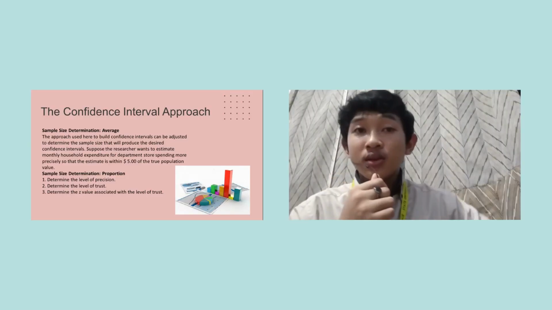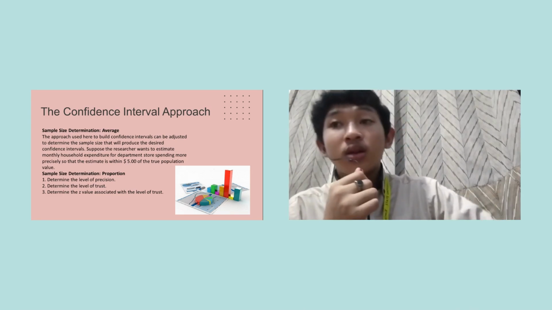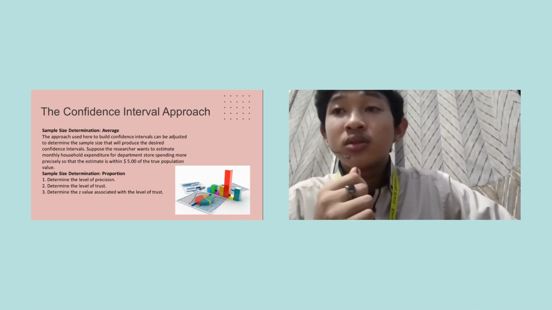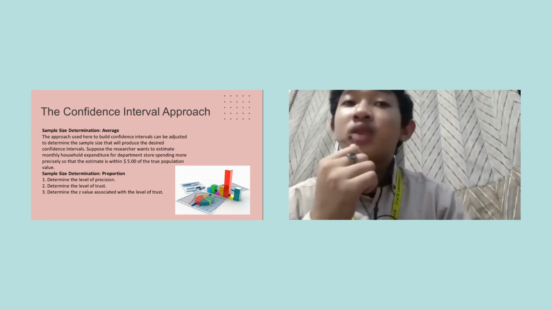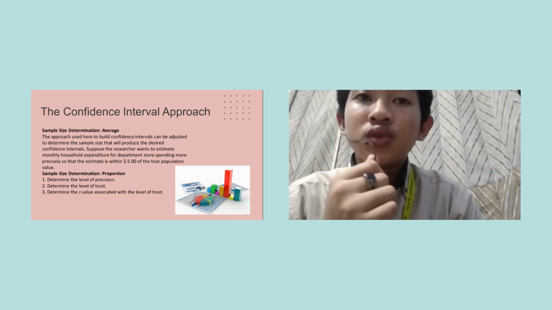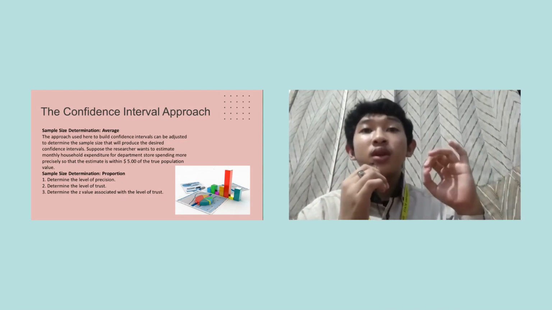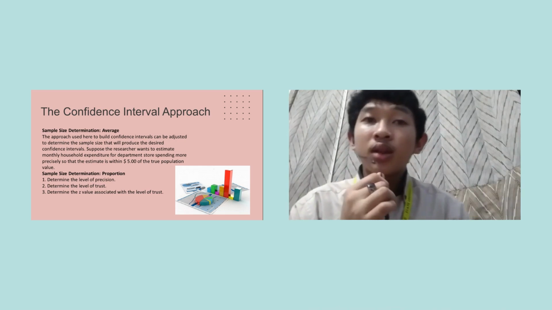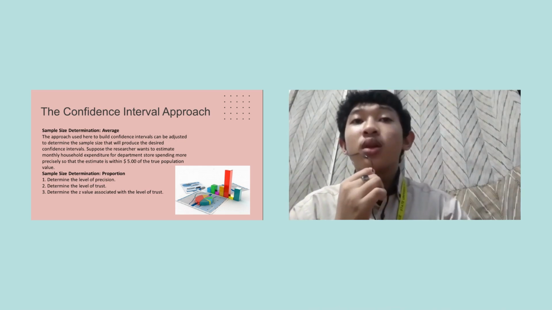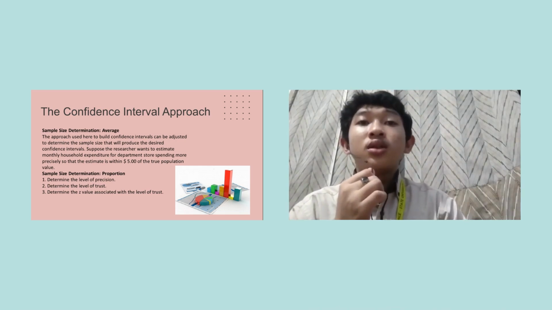The next is the confidence interval approach. Sample size determination: the mean. The approach used here to build a confidence interval can be adjusted to determine the sample size that will produce the desired confidence interval.